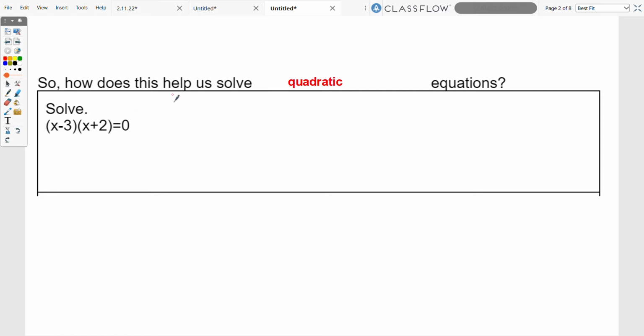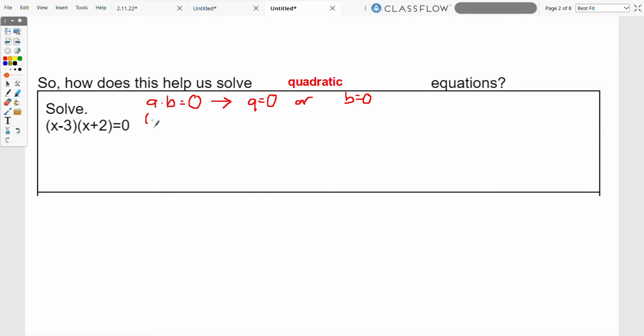So how does this actually help us solve quadratic equations? Remember the main concept: whenever you have two things that multiply together and equal 0, one of them has to be 0, so A equals 0 or B equals 0. What's another way to write multiplication? We can write multiplication using parentheses.